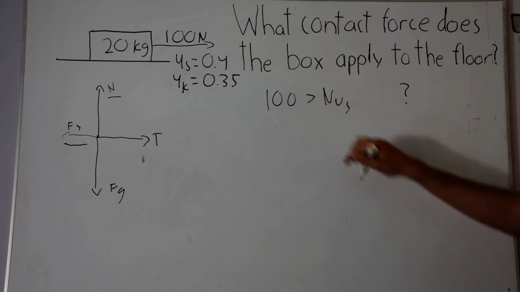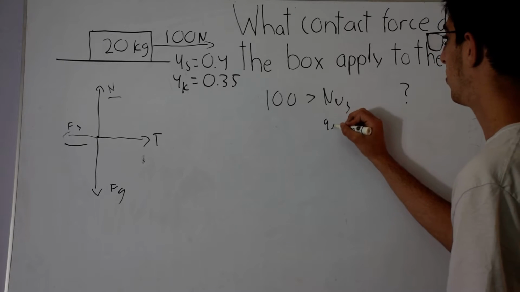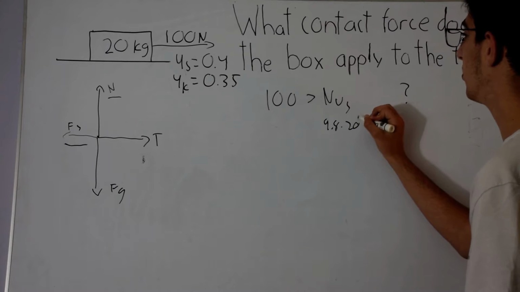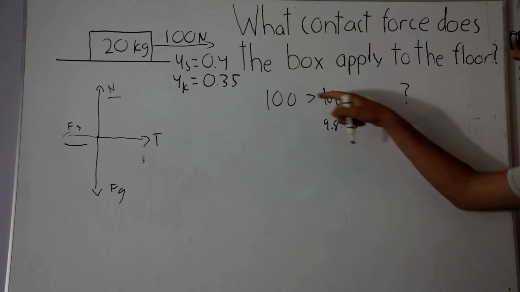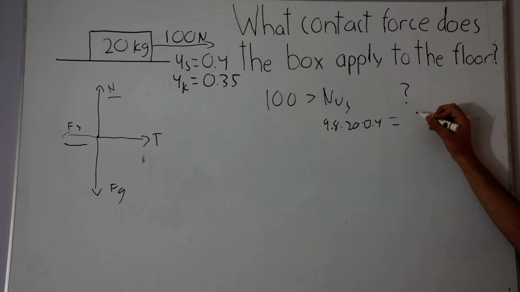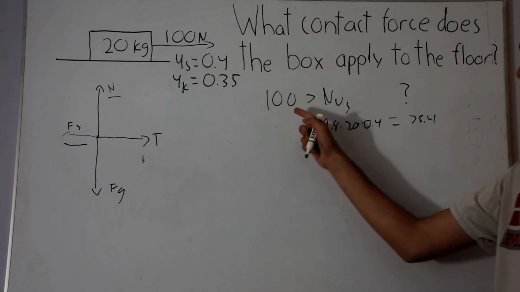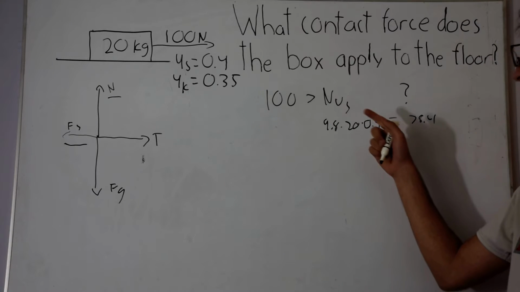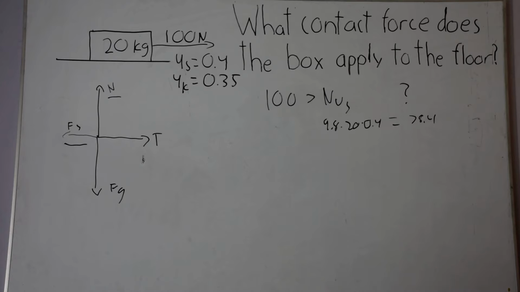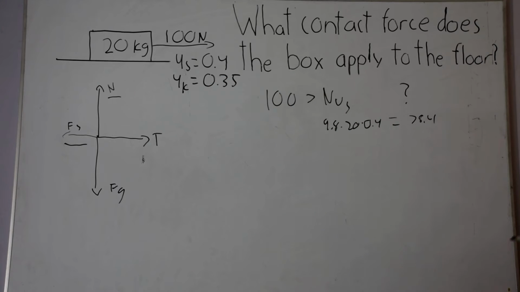So this is just going to be equal to 9.8 times 20, which is the normal force, times the coefficient of static friction, which is 0.4, and that's equal to 78.4. So, the force to the right is going to be greater than the force to the left, and the block will slide, which means that there's going to be kinetic friction on the block.